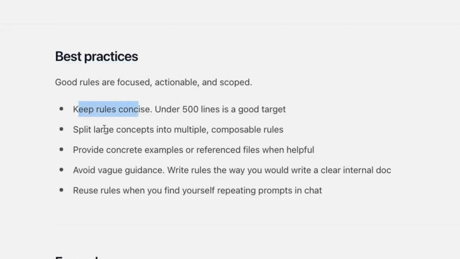Keep rules concise. Split large concepts into multiple composable rules. Provide concrete examples or reference files when helpful. For example, if you have a Swagger and you want to use it every time you are creating a new endpoint, it is great to add a link to this file. Avoid vague guidance; you should make it as clear as possible. And try to reuse rules when you find yourself adding the same thing to each prompt.